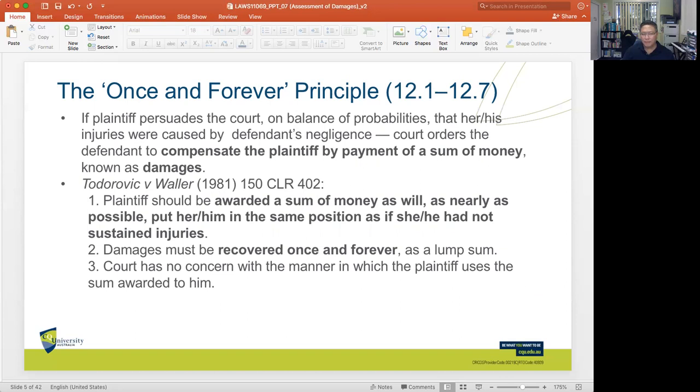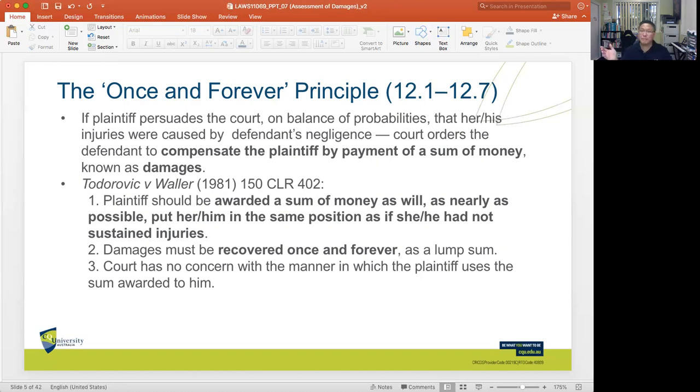And once the damages have been awarded, it doesn't concern the court how the plaintiff uses the sum that is awarded to him. So, for example, if in computing the amount of damages, part of the computation was based on an assumption that a plaintiff who is injured is likely to be taken care of in a hospital or in a private care institution, and these are the costs, which might be, for example, $300 a day, and on that basis, damages have been awarded to the plaintiff.